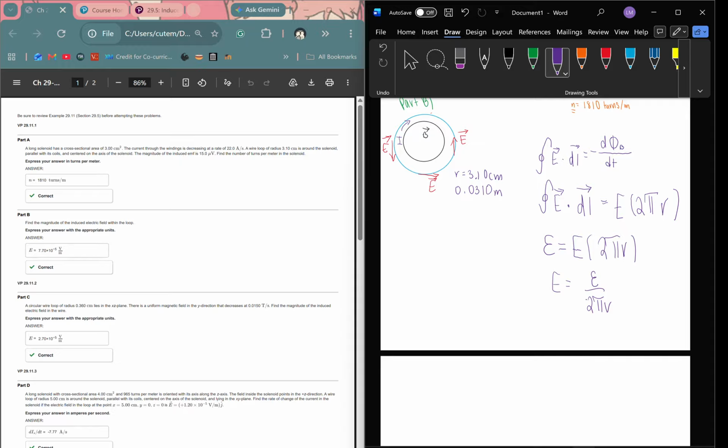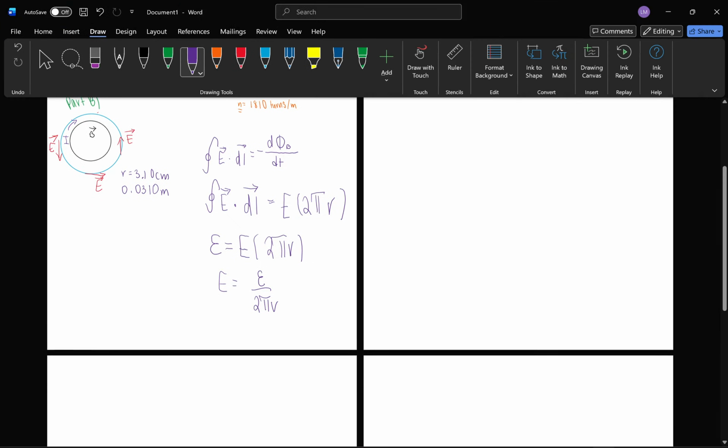The 2 pi r is the circumference of the circular loop, and r is the radius. I'm dividing the induced EMF by the circumference because the electric field is spread over the entire loop.